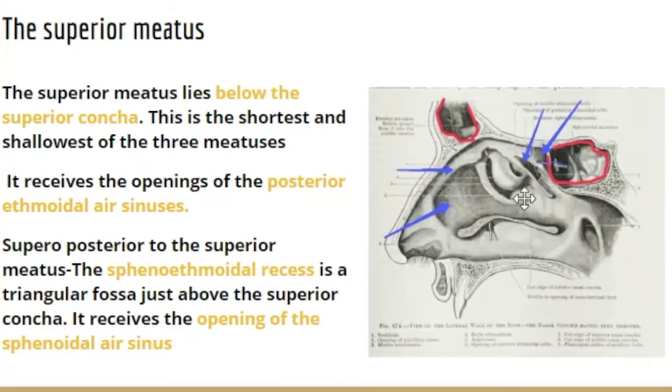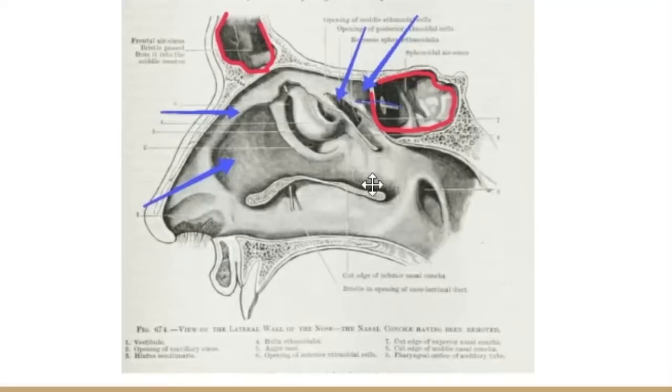So let's just quickly revise all the structures that we have seen draining into the lateral wall of the nasal cavity. In this diagram, we can see that in the anterior 1/3 and between the posterior 2/3 of the inferior meatus, we saw the opening of the nasolacrimal duct. Then we saw that the frontal sinus via the frontonasal duct and the ethmoidal infundibulum drains into the hiatus semilunaris in the anterior portion.